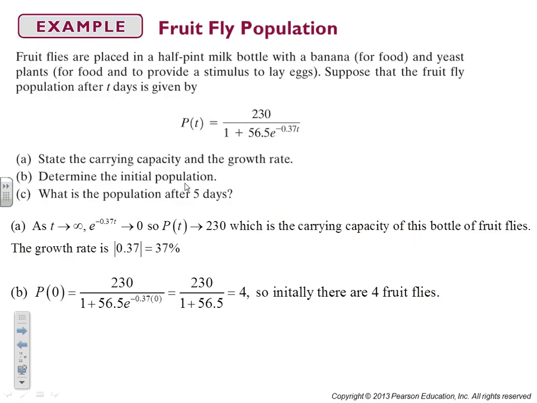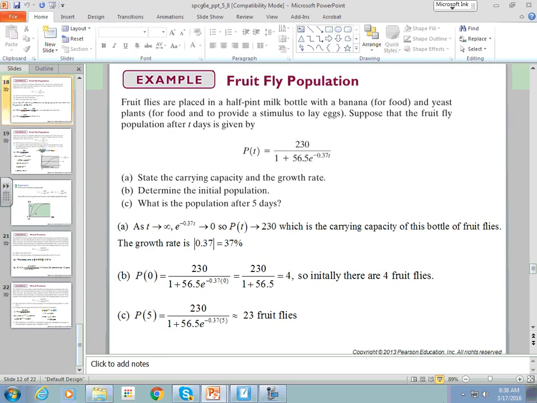Determine the initial population. So just real quick here, this says negative 0.37. Why am I growing if this says negative 0.37? Isn't decay negative and growth positive for that b value?